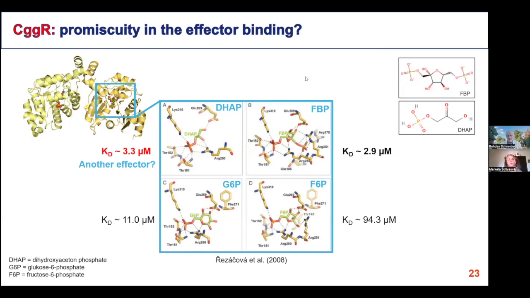So besides fructose bisphosphate, there was also dihydroxyacetone phosphate, DHAP, but also glucose 6-phosphate and fructose 6-phosphate. In the same study, they also did isothermal titration calorimetry, which showed that DHAP had as high affinity as FBP, fructose bisphosphate. Nonetheless, its real effect on transcription was not studied further.